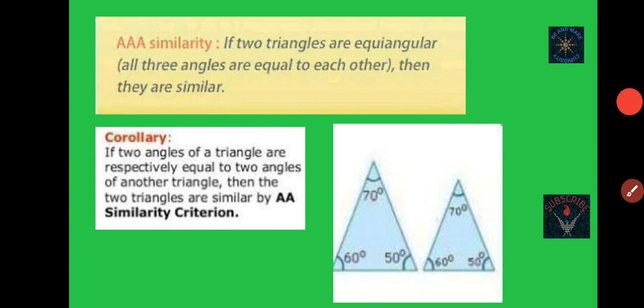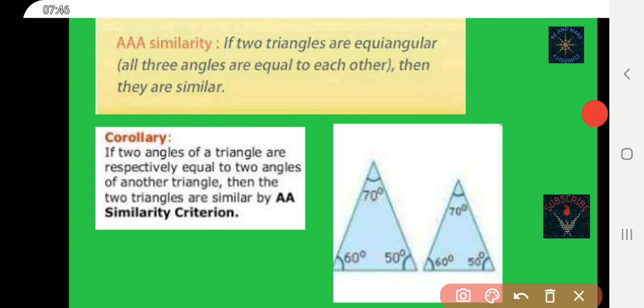Next, AAA similarity criterion. If two triangles are equiangular, means if their corresponding angles are equal, then two triangles are similar. Here you can say AA similarity criterion also.